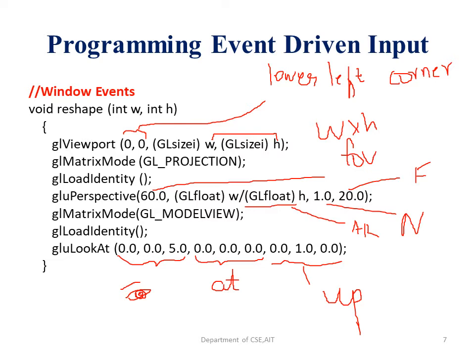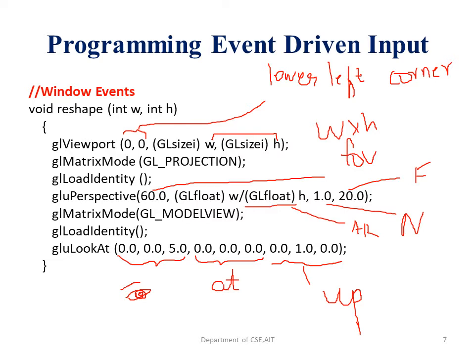That means we are looking with the Y value as 1, whereas X and Z are equal to 0. So the eye is placed at a position and it is looking from the Y direction towards the origin. That is the meaning of gluLookAt.